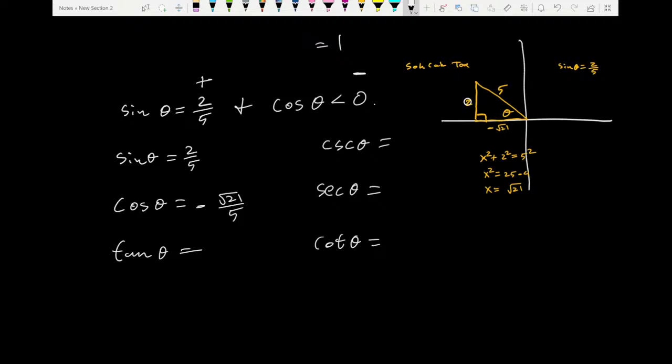Tangent is opposite over adjacent, TOA. And then right now it's super easy. They're just the reciprocals of those. It's that simple.